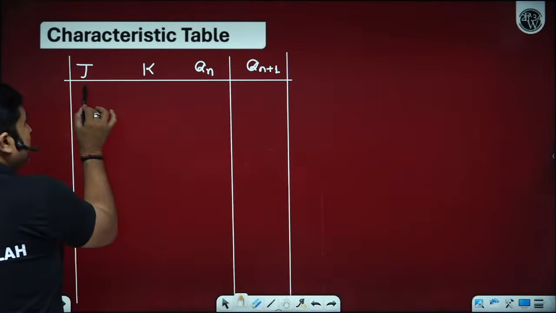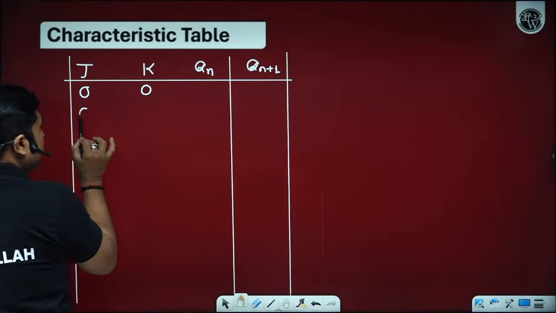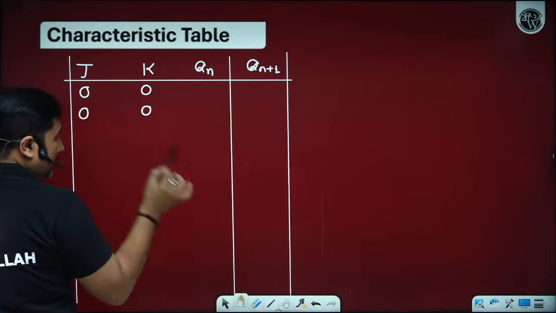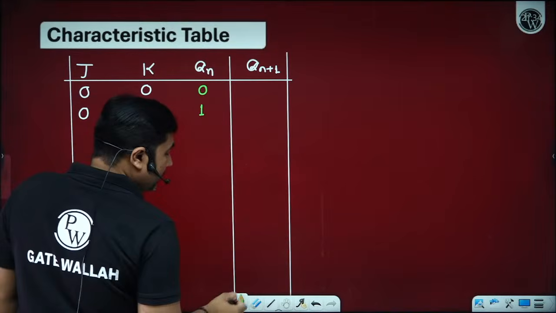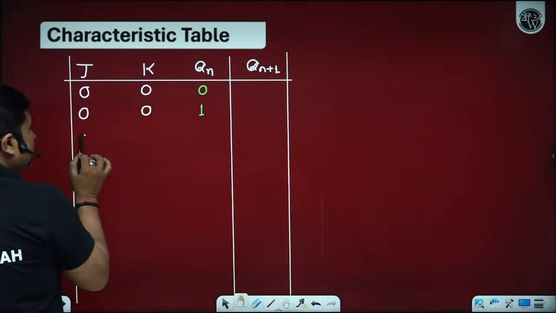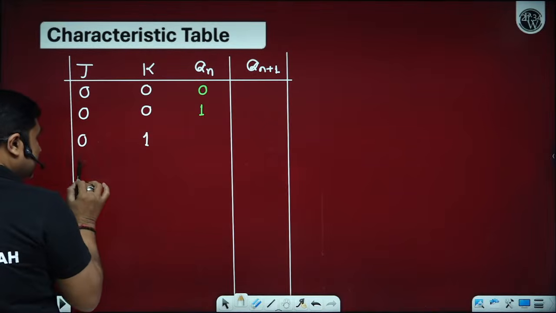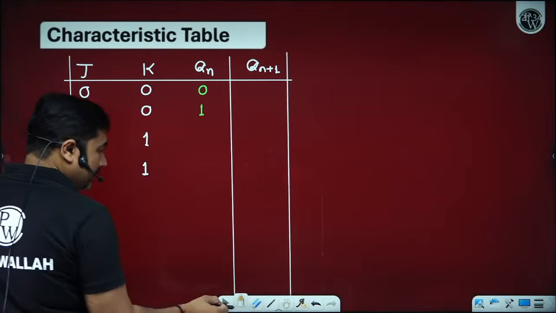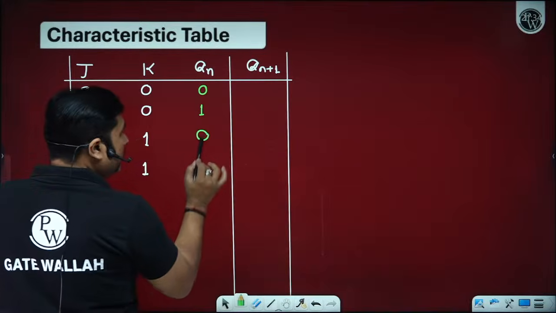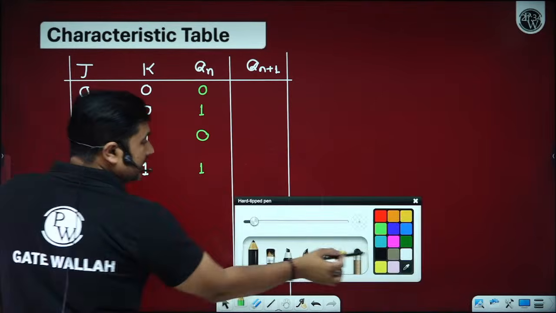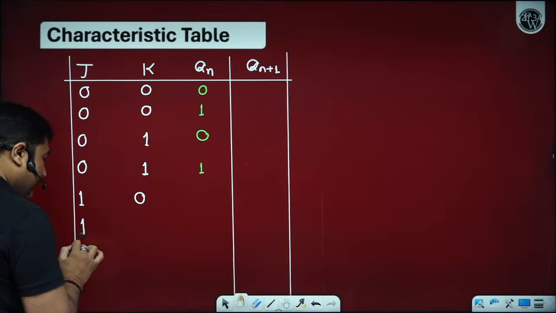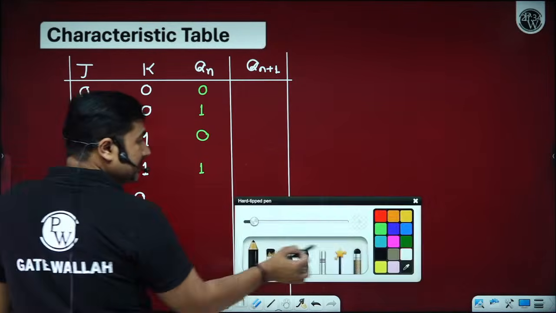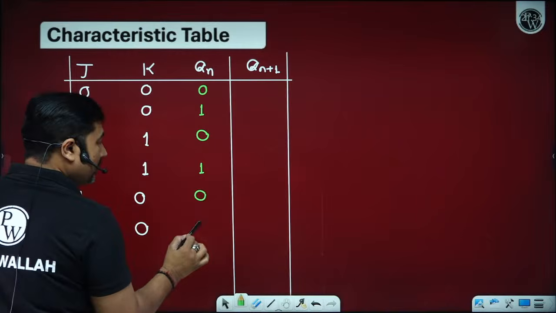Maybe the present input is 0, 0, and the present state may be 0, may be 1. Present input may be 0, 1, and the present state may be 0, may be 1. Present input 1, 0, and the present state may be 0, may be 1.